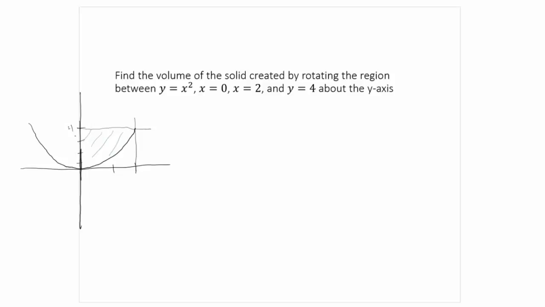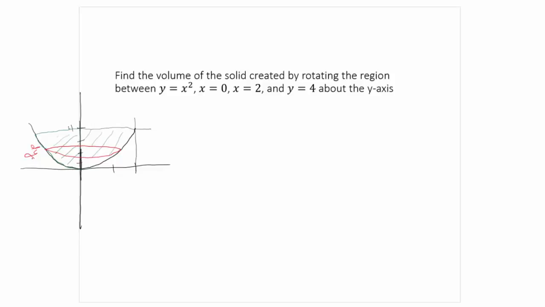So now if we rotate that about the y-axis, we get that three-dimensional figure. But now if I draw a representative disk, my disk would look like this instead. There's my disk. And now the thickness of the disk is not a dx, but a dy.